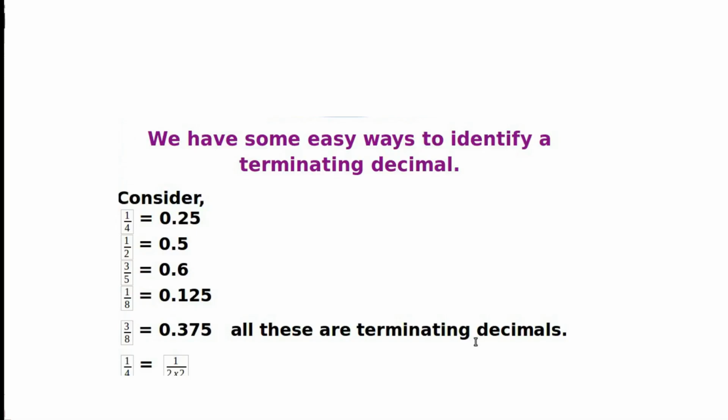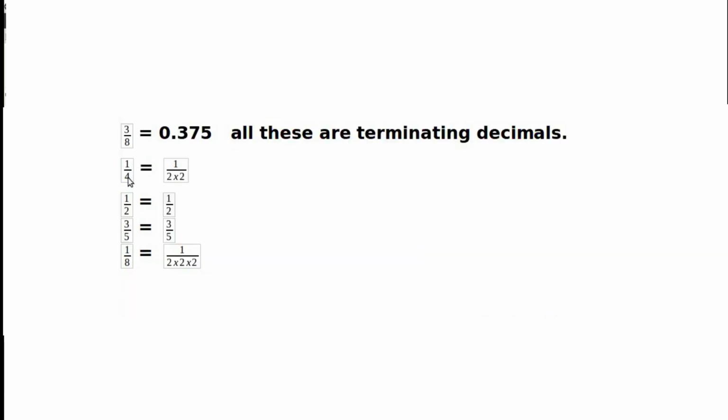We have some easy ways to identify a terminating decimal. In the very beginning we already saw that 1 by 4, 1 by 2, 3 by 5, 1 by 8 and 3 by 8, when we write the corresponding decimals, are terminating decimals. Consider 1 by 4.